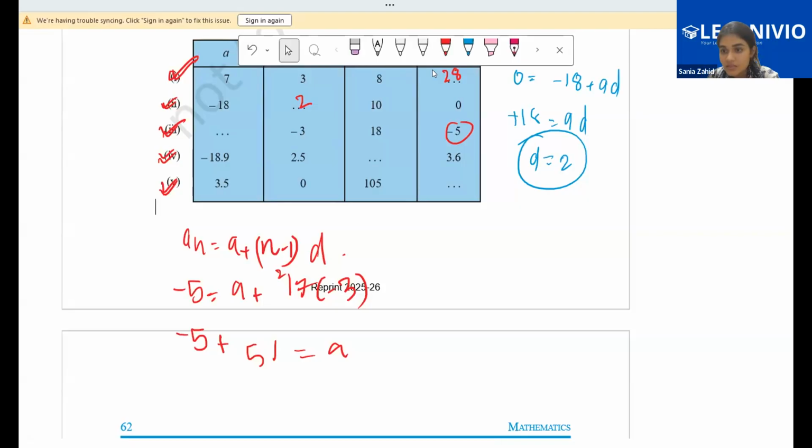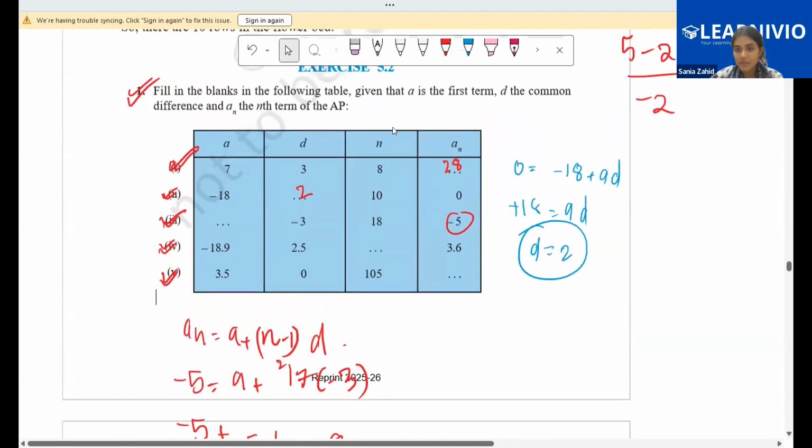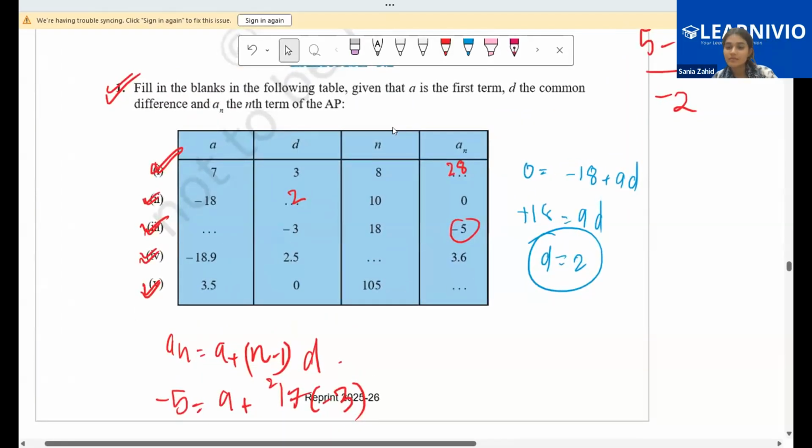Can you scroll up? Scroll up. Okay, that's fine. Why are you scratching your head as if you've seen a very tough question? What's so tough in this?